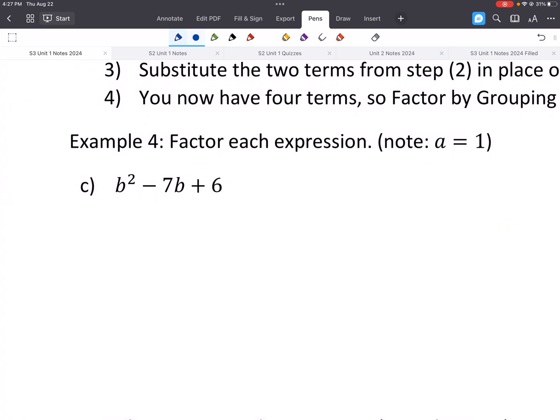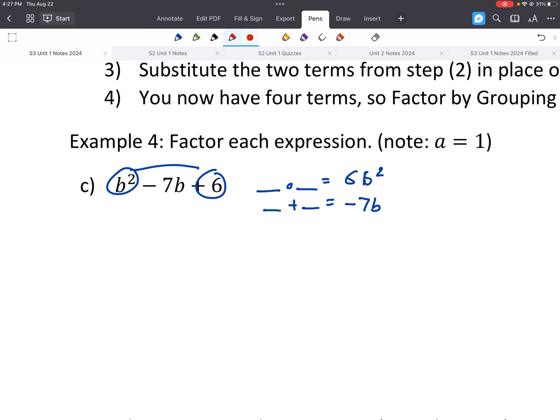Okay, so greatest common factor. There's not 1 here, so we're good. We should always check for that. And then we want to do the puzzle. So we want to figure out what multiplies and adds. Again, what multiplies is when you multiply the first and last terms. So 6b squared. And then has to add to negative 7b.